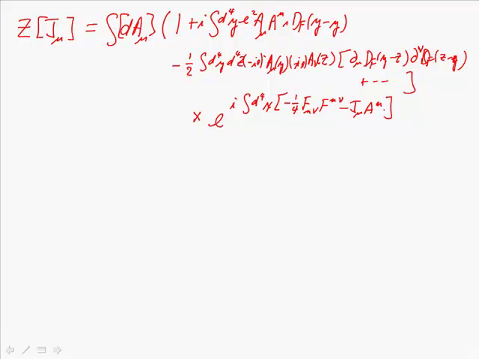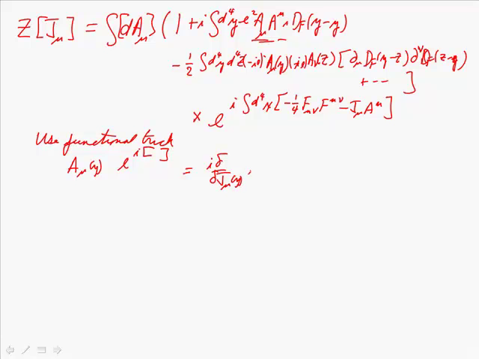And then again, you use the functional trick that the A that sits in the various places there, A mu of y, e to the i stuff, is i delta delta j mu of y, e to the i stuff.